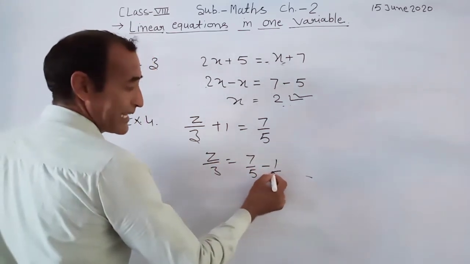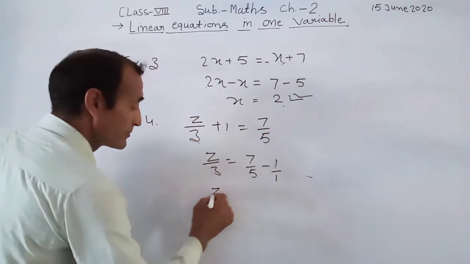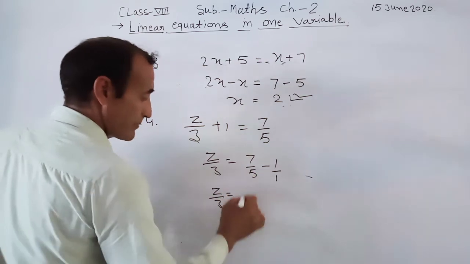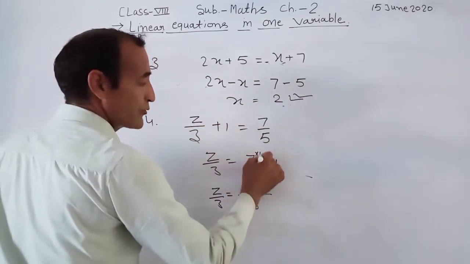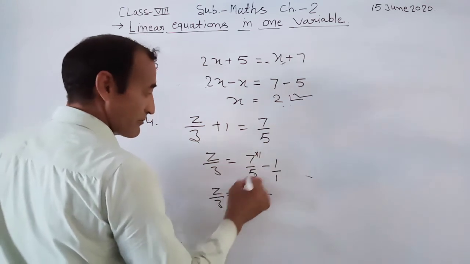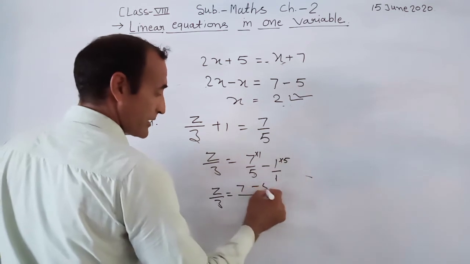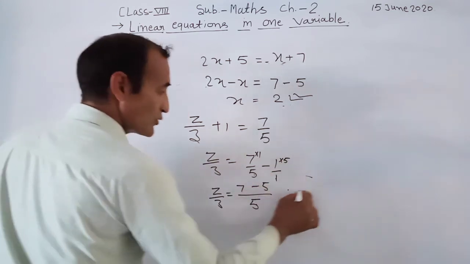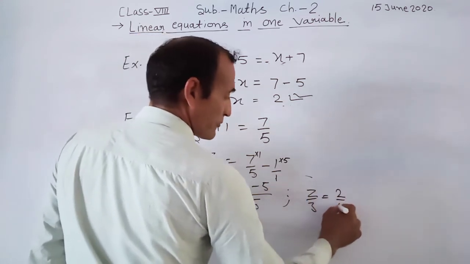So we find the LCM here, because it is the denominator. z upon 3 equals, LCM is 5. 5 ones are 5, so 7 into 1 is 7. 1 fives are 5, so minus 5. So z upon 3 equals 7 minus 5, 2 upon 5.